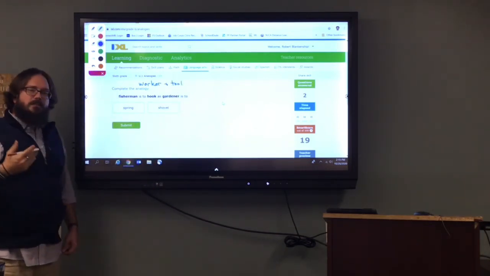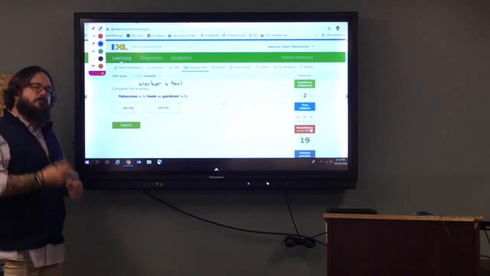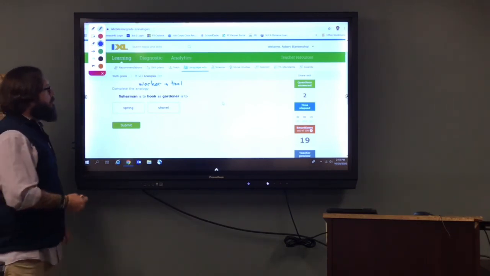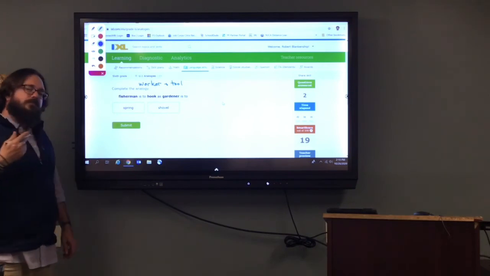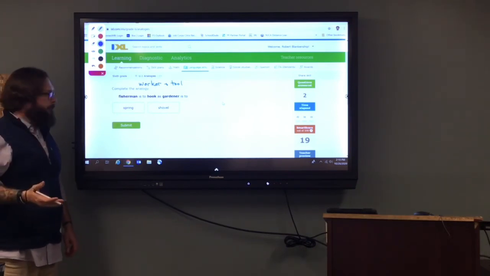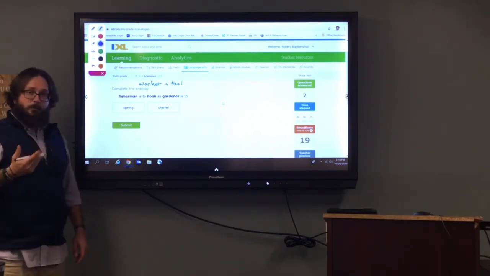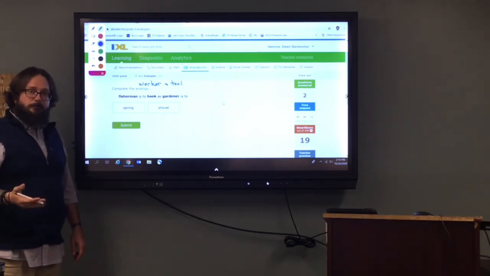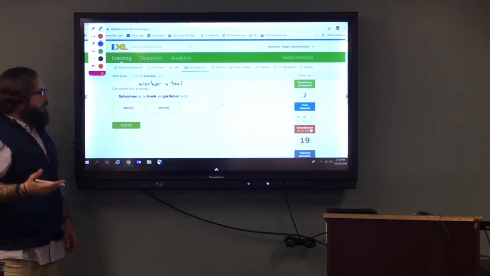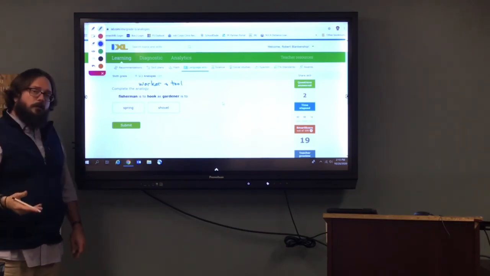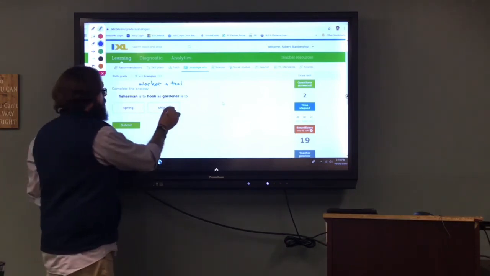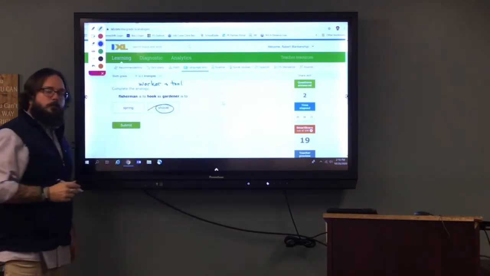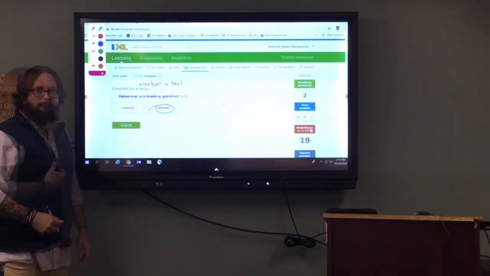A hook is a tool that a fisherman uses to help catch fish. What tool does a gardener use? Does a gardener use a spring or a shovel? Well, typically a gardener would use a shovel. Therefore, shovel will complete this analogy.